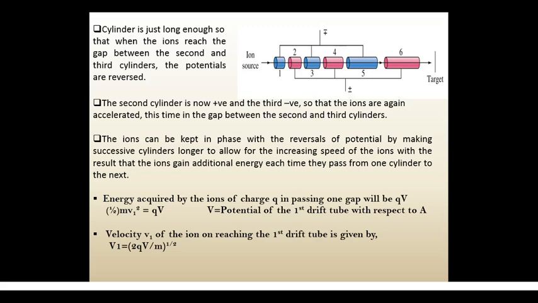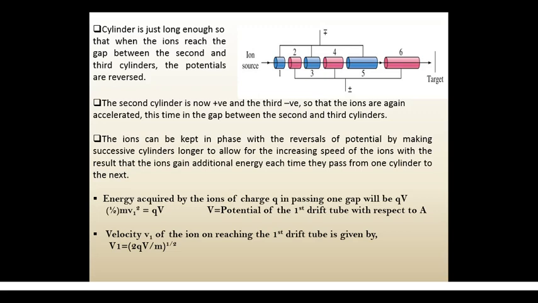So what is the energy gained by that particle? We know that if V is the potential difference and q is the charge of the particle, the kinetic energy gained by that particle is half mv square, which is equal to qV. After reaching the first drift tube, it has attained a velocity v1.